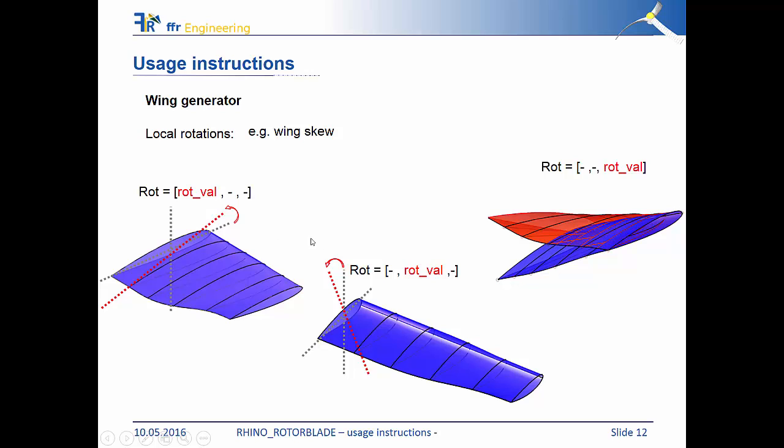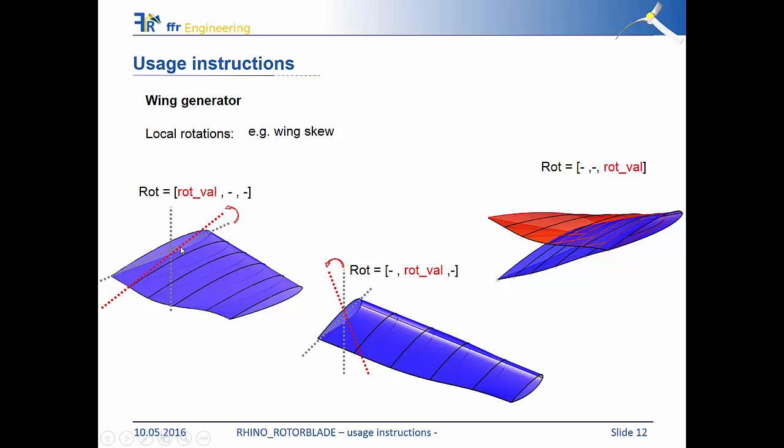There are 2 other rotations which are not so natural, and you also see here not a real picture because it's actually a bit hard to depict. For example, the second value, you have some bend of the profile in this axis here. So it means these 2 profiles here will not be parallel to each other.